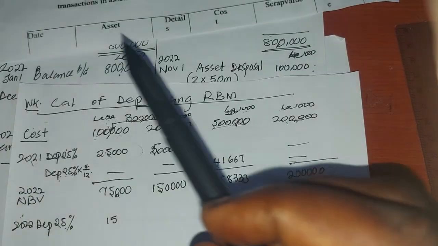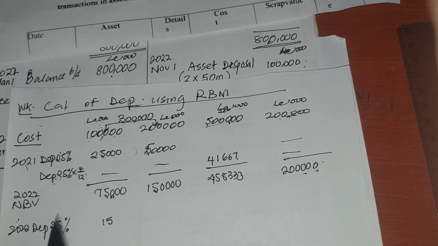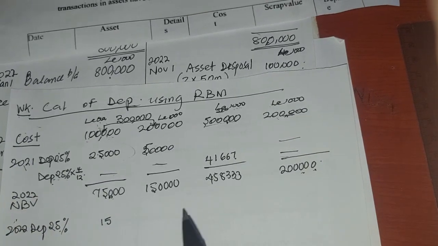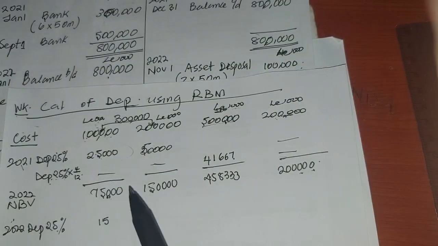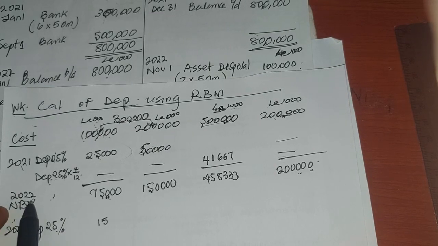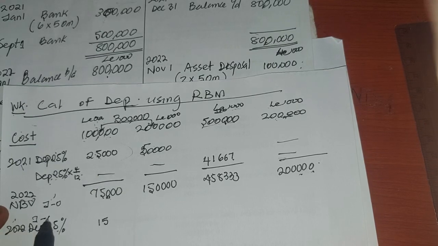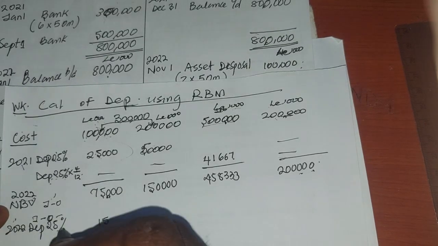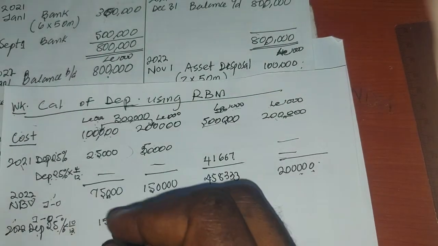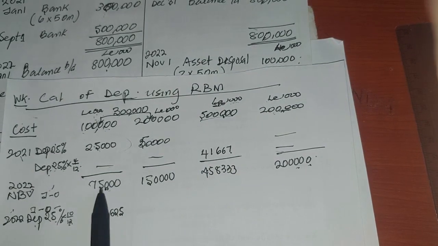And don't forget, the reason for separation is that this asset was sold on November 1st. So it means it existed from January 2022 to October. That is 10 months. So you just multiply by 10 all over 12. When you multiply, it's going to give you 16,250, on the reducing balance.